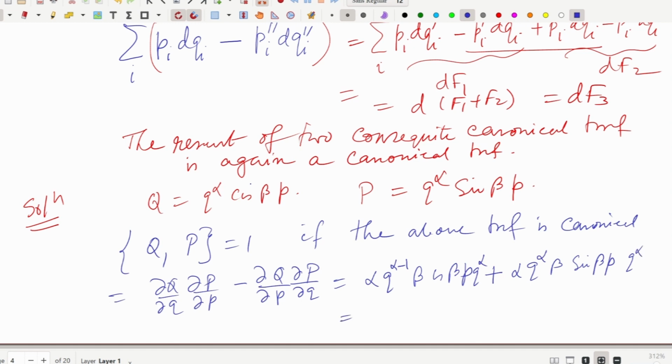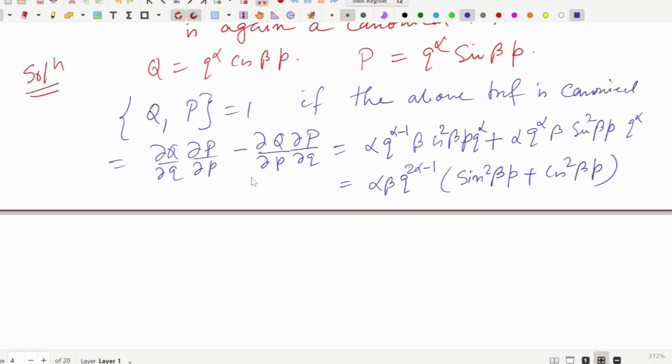So these two terms if you combine, you have alpha beta q to the power 2 alpha minus 1, times sin squared beta p plus cos squared beta p. Please make this correction, because there will be cos squared also. Okay, so you can find easily that this is alpha beta q to the power 2 alpha minus 1.